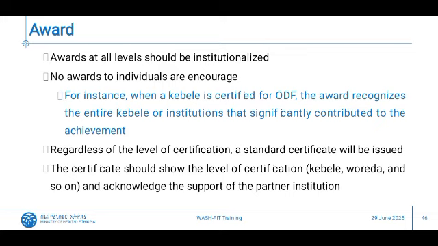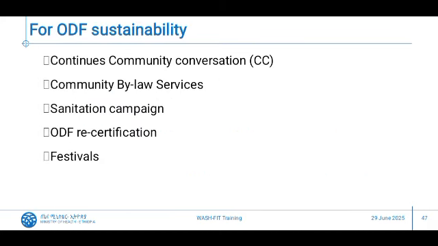The certificate should show the level of certification, Kabale, Woreda, and so on, and acknowledge the support of the partner institution. For ODFE, sustainability constitutes continuous community conversation (CC), community bylaw services, sanitation campaigns, and ODFE recertification festivals.